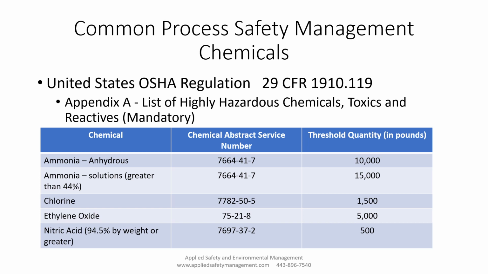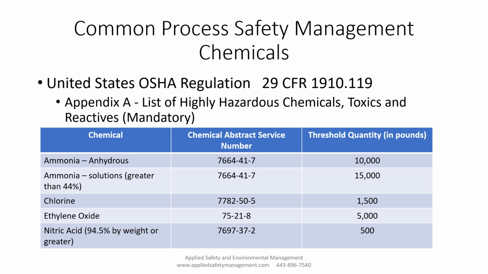The chemical anhydrous ammonia, threshold planning quantity 10,000 pounds. We also have ammonia in aqueous solutions, but it has to be greater than 44% ammonia, and that's at 15,000 pounds. Ethylene oxide, 5,000 pounds.